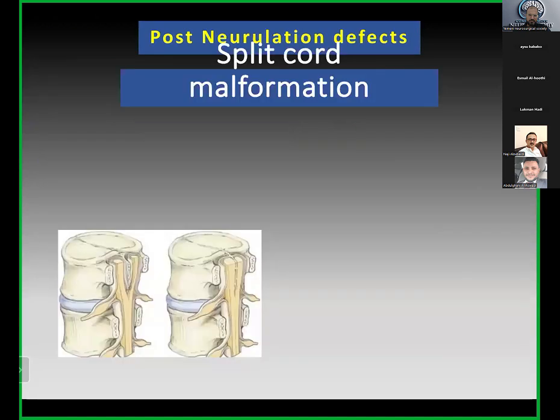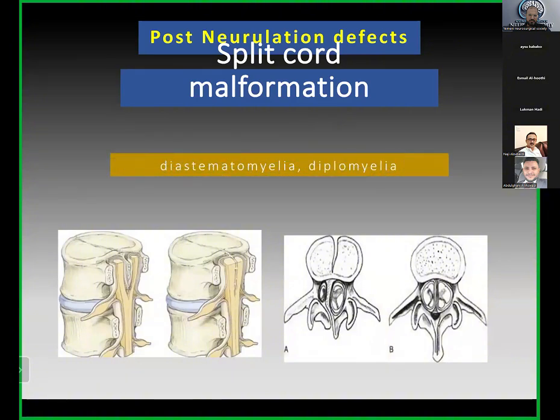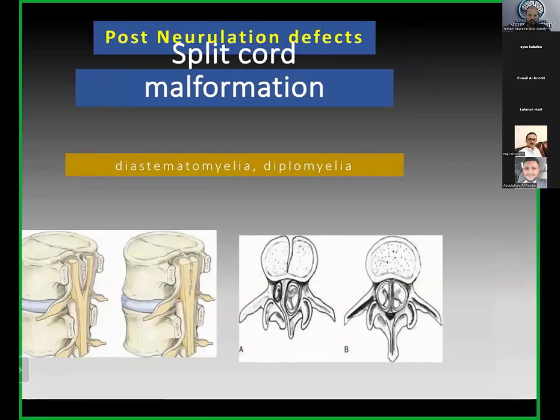The spinal post-neurulation defects in the form of the split cord malformation, which is two types, diastematomyelia or diplomyelia, which is type 1 and type 2.